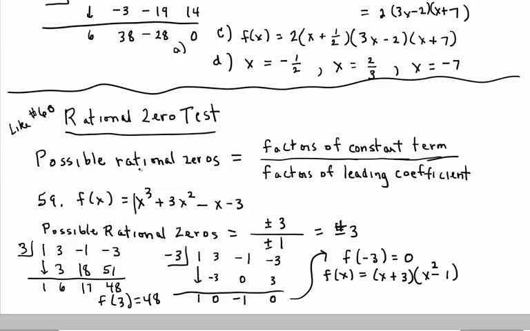If they asked you to factor it completely, which they don't, but we're going to, because this sums up everything we've done, you're going to have x plus 3, and you guys know that x squared minus 1 factors into x plus 1, x minus 1. If they happen to ask you what the zeros were, because that ties into the last objective, the zeros of the function would be negative 3 and x equals positive, negative 1.